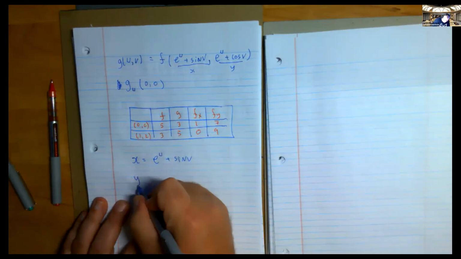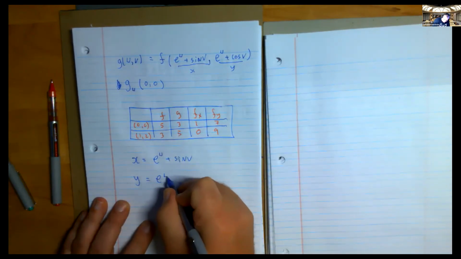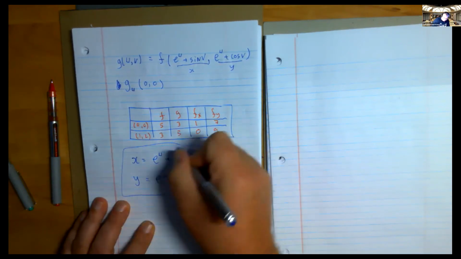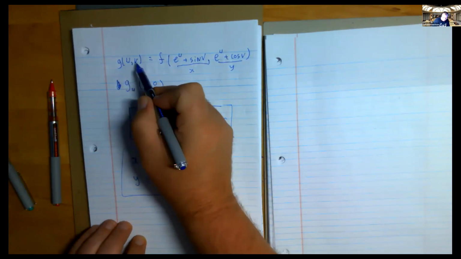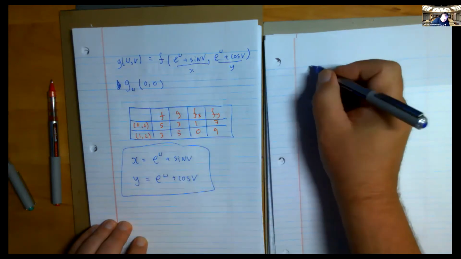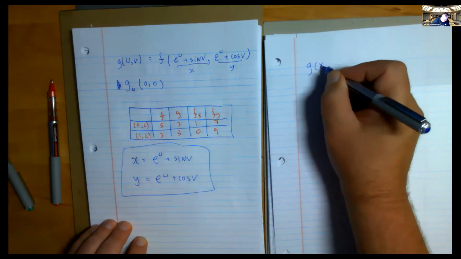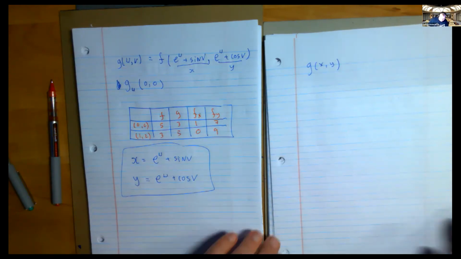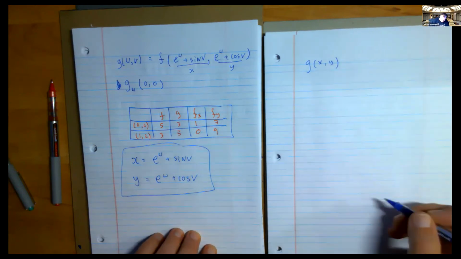That's not very clear, but that's exactly what's happening, and you have to realize that or it's not going to work. They've called this function g of u, v, but actually g is also a function of x and y, where x and y are functions of u and v. That's not obvious either, but that's what's happening.